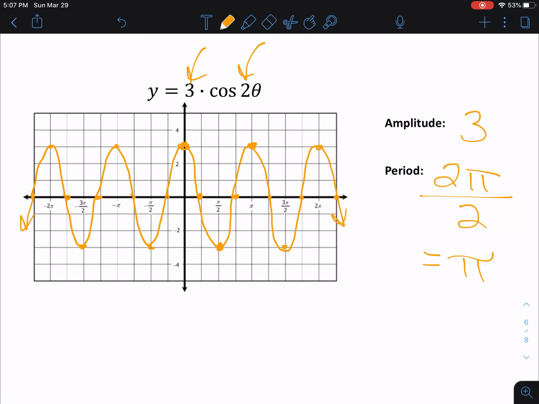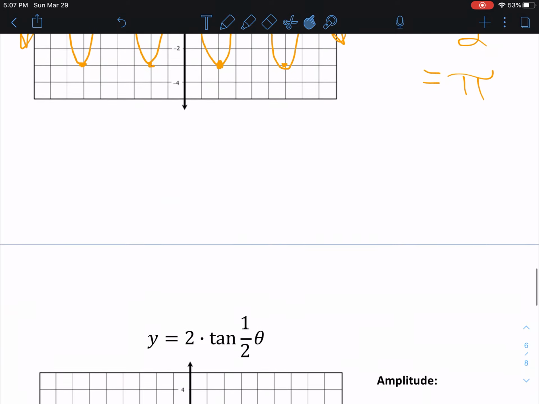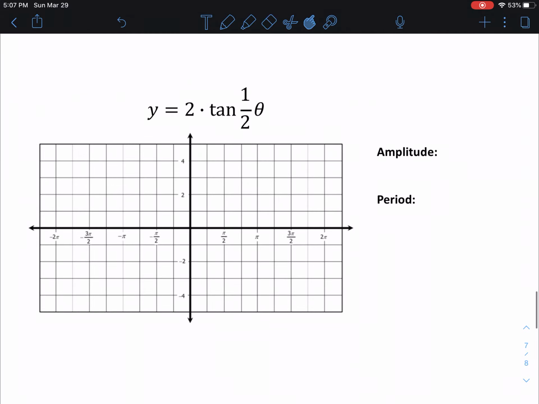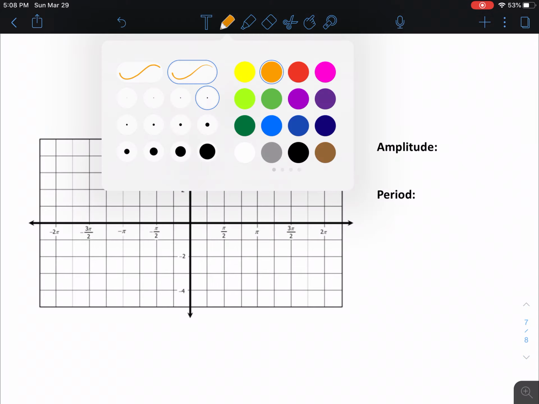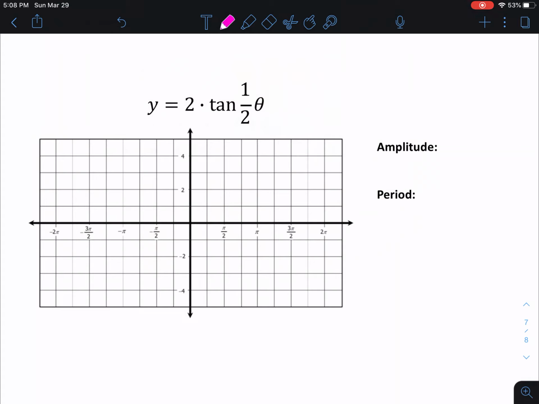All right, let's take a look at our second graph here. And this one is y equals 2 times tangent of 1/2 theta. Okay, I'm going to switch colors here. Let's go pink. All right, so our amplitude for tangent is undefined. That's going to be multiplied by 2, but that's still going to give us undefined.